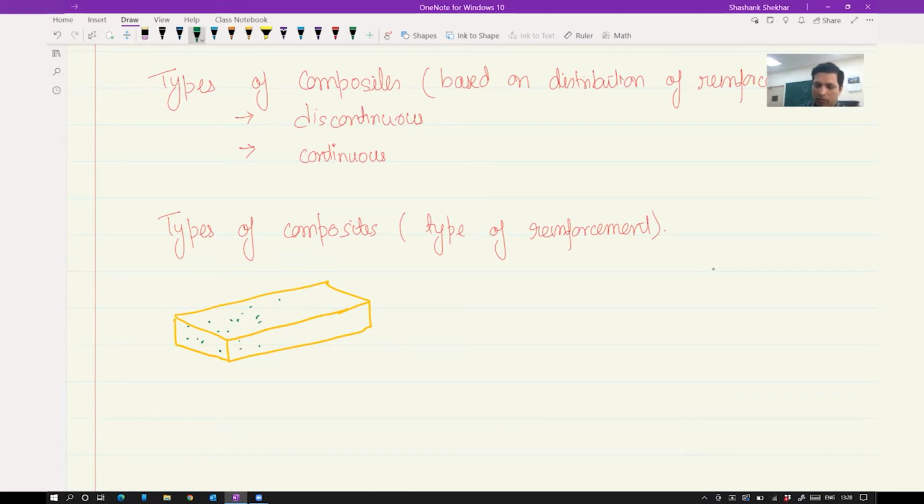So these are particle reinforced composites.